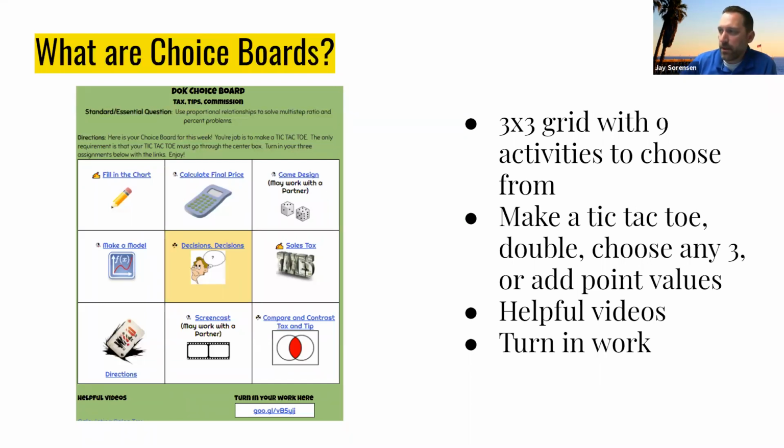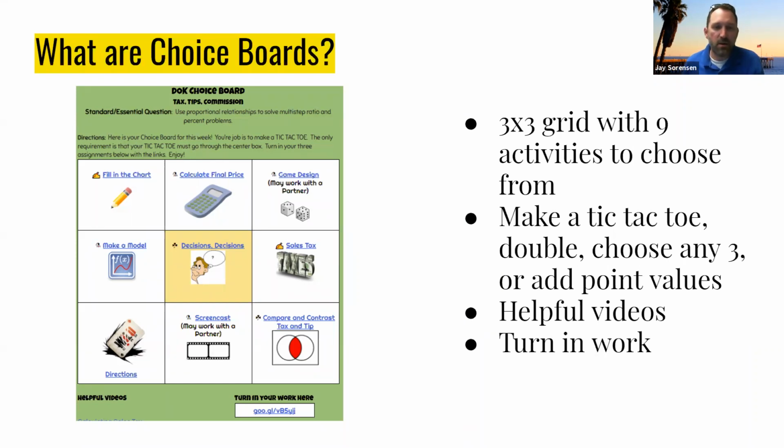If you're doing it over multiple weeks of distance learning, you might have them make a double tic-tac-toe, or just choose any 3, or whatever number you want. You can also set it up with point values. So instead of focusing on the tic-tac-toe, you can have 1-point assignments, 2-point assignments, 3-point assignments, and they have to earn a certain number of points by choosing the activities in the grid.